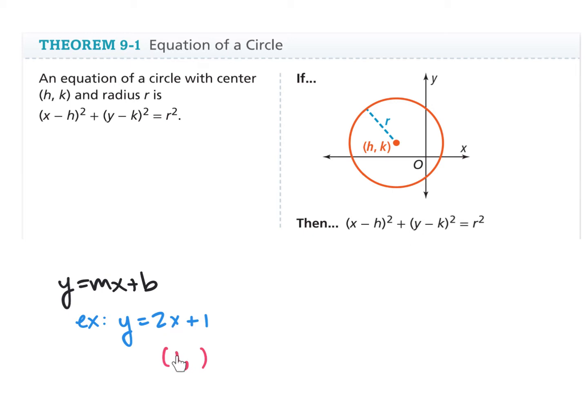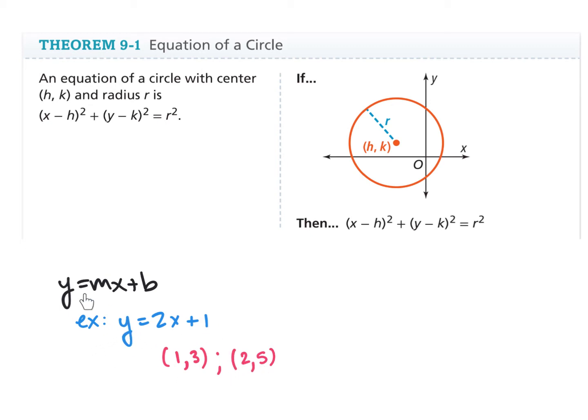So 2 times 1 is 2, and then 2 plus 1 would be 3. So the point (1, 3) would be on that line. If I looked at the point on this line that had an x coordinate of 2, then the y coordinate would be 5, because 2 times 2 plus 1 is 4 plus 1, which is 5.